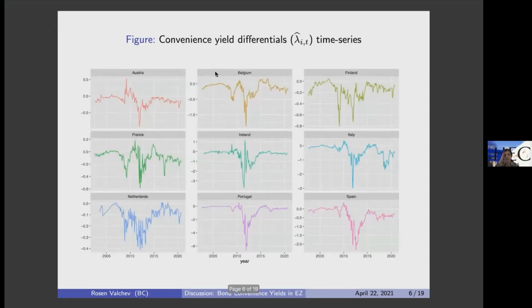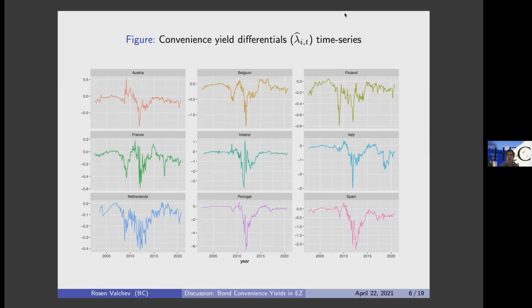And I just tell you that the results they actually get are quite interesting. These are the convenience yields. So Zhengyang already showed you the estimates they get. And what you see here is that there's a lot of variation, even for countries which we might think of as safe or equivalent to Germany, like Austria, Netherlands, there's a lot of variation. And obviously Spain and Italy, they have big deviations too.